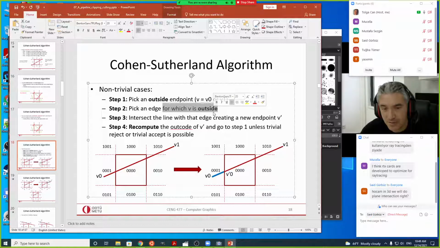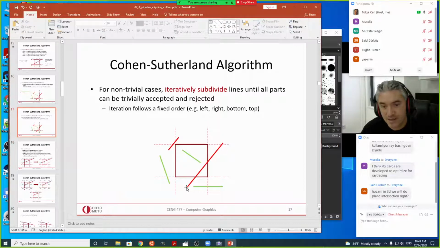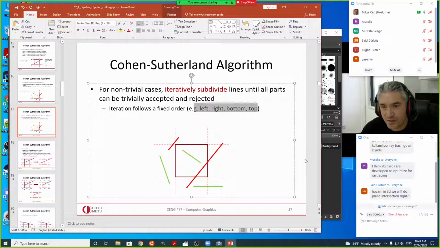So this shows that there is no fixed order of boundaries, based on what we have picked here. For example, if we pick this edge here, we don't actually clip against the left edge, because for the left boundary, it's inside. So it's inconsistent with what is written here, left, right, bottom, top boundary.